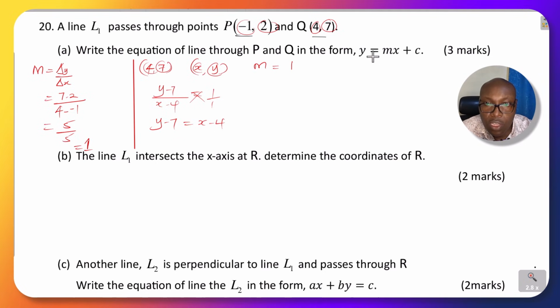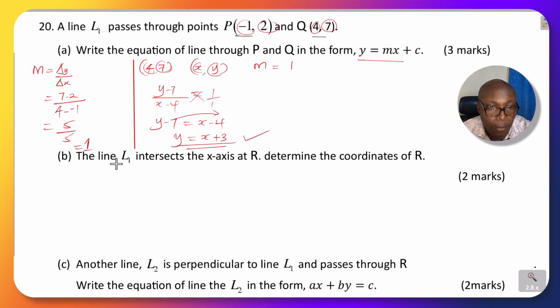Because you want the equation in this form, you simply take the -7 to the right hand side, so that you have y is equal to x - 4 + 7, that would be +3, and that is the equation in the form y = mx + c.